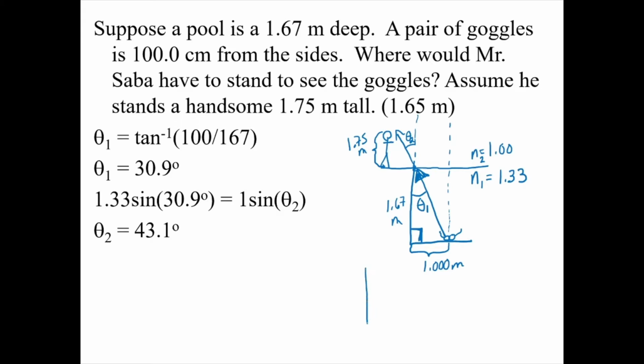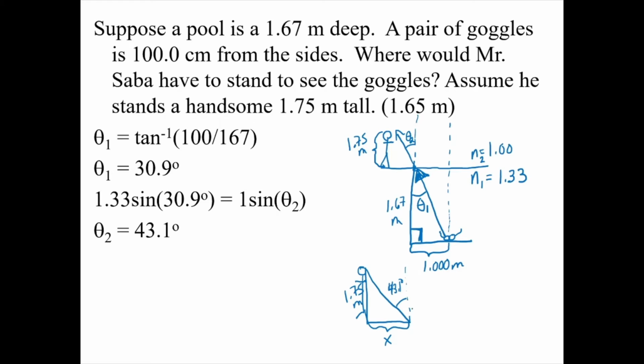Now let's assess where we are and what we know. Mr. Seba is 1.75 meters tall. There's Mr. Seba. We want to know this distance. Give him some arms. And we know this angle is 43.1 degrees.